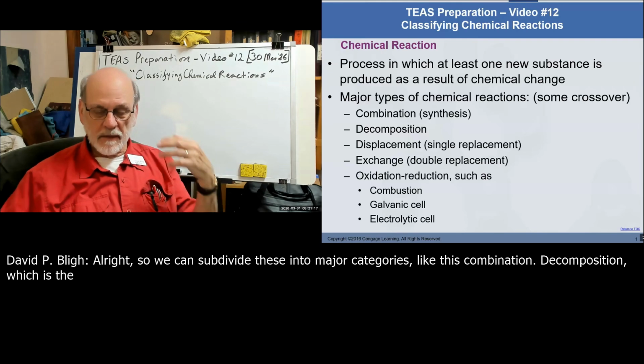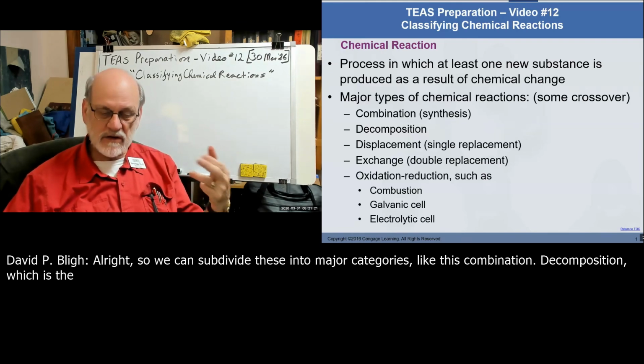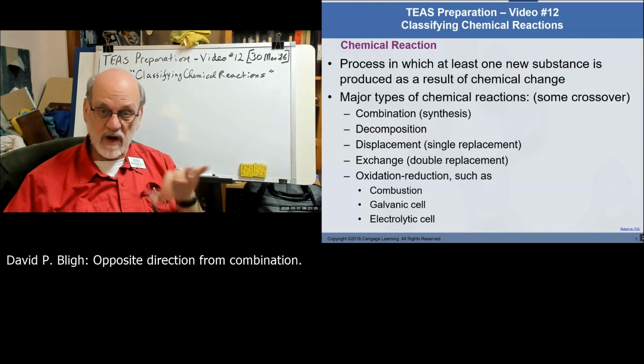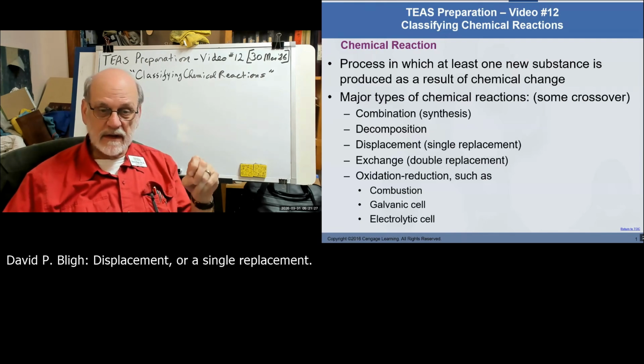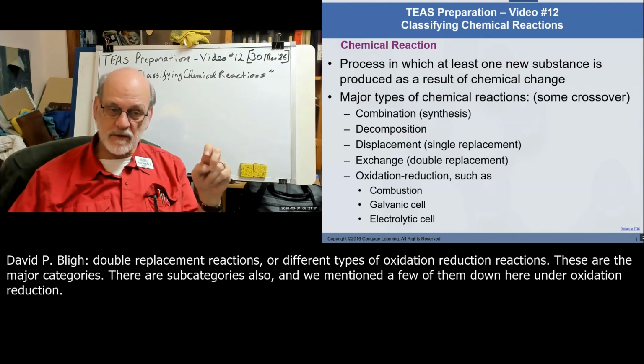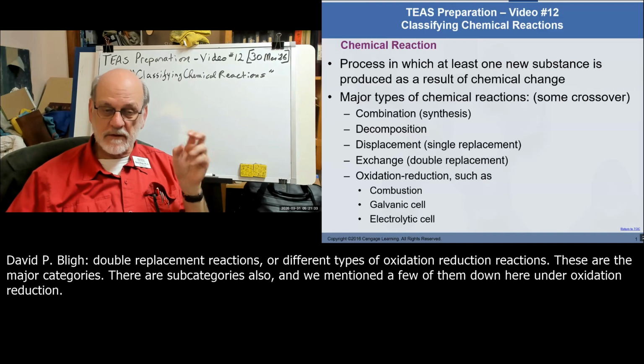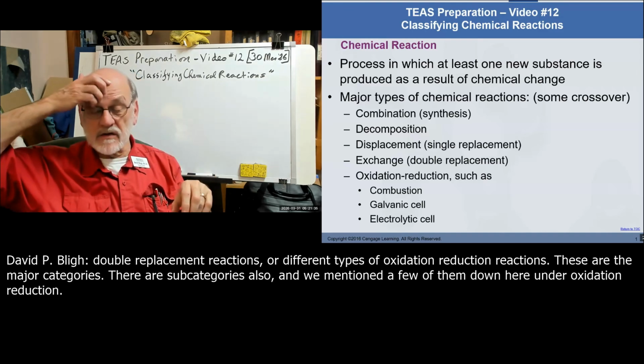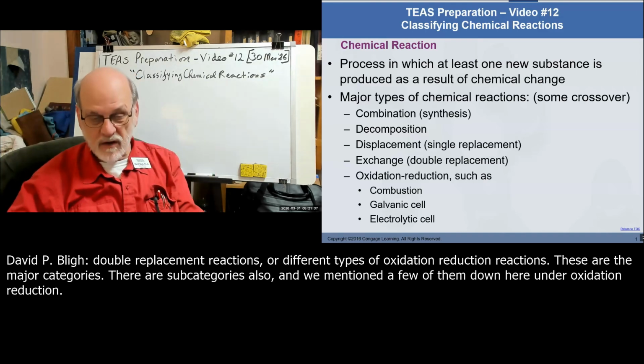All right, so we can subdivide these into major categories like this: combination, decomposition, which is the opposite direction from combination, displacement or single replacement, double replacement reactions, or different types of oxidation reduction reactions. These are the major categories.